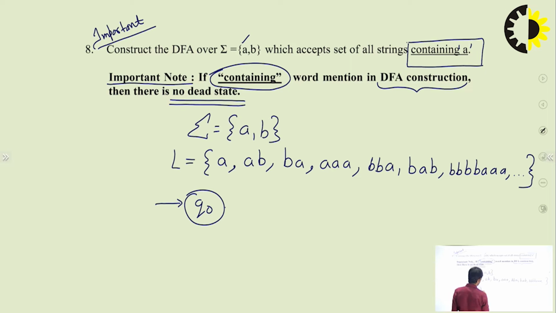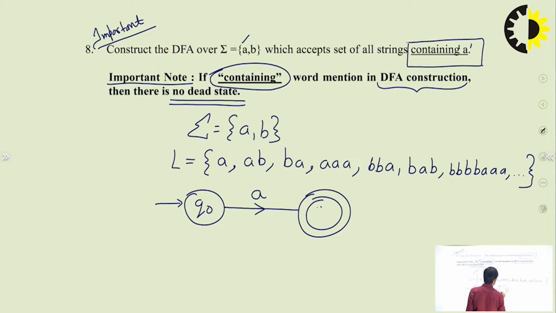Now, containing a, so on a it goes to state QF. So this is my NFA, this is not a DFA. Why? Because at Q naught b is not defined, and at QF a and b are also not defined.